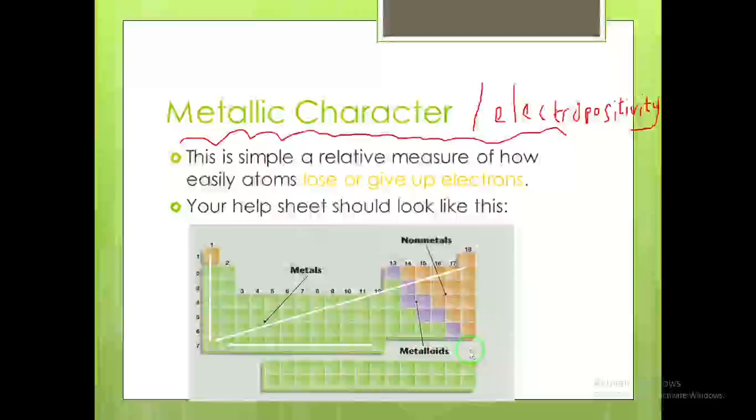You can see the metallic character goes from this area, which has fluorine here with the least metallic character or the least electropositivity, to this part where we have the highest metallic character or the highest electropositivity. So the metallic character increases down the group and increases from the end of the period to the beginning of the period. You can see it here.